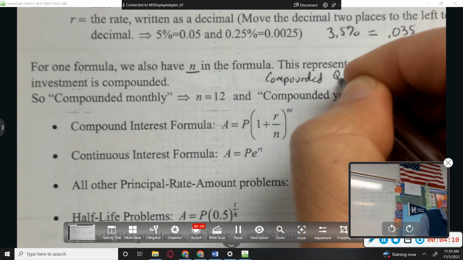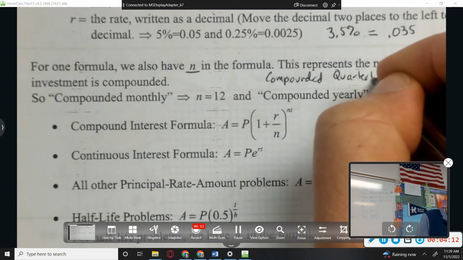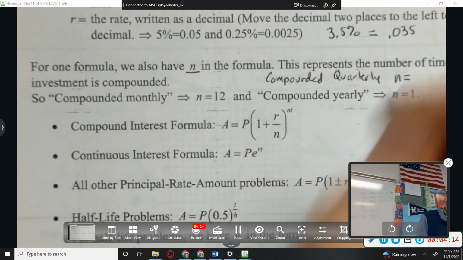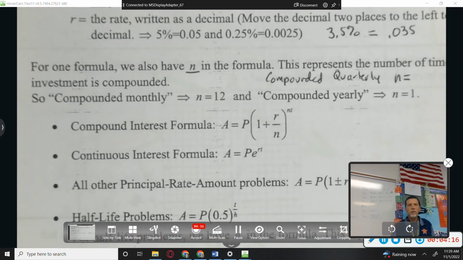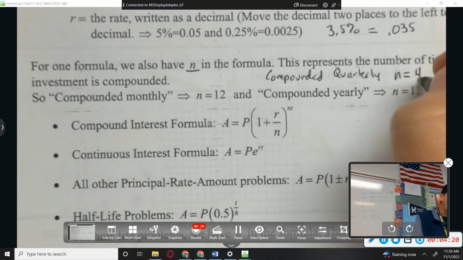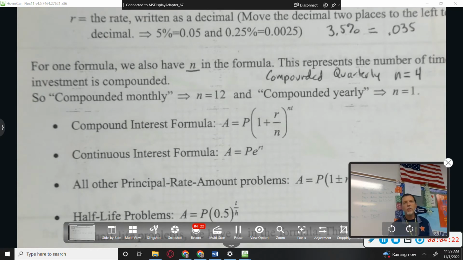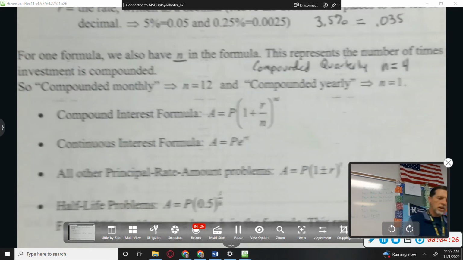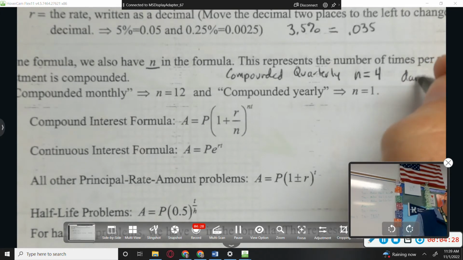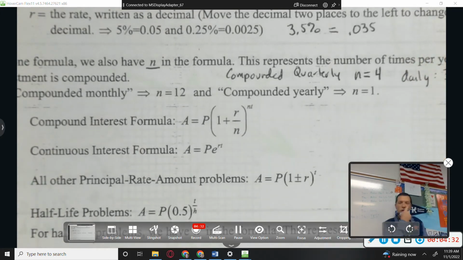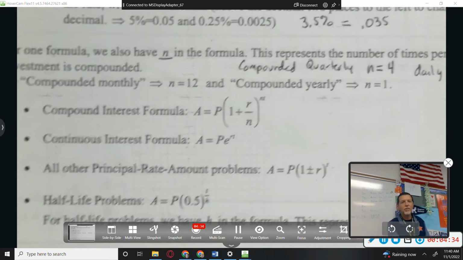Compounded quarterly, how many quarters are there in a year? 4, because there's 4 quarters in $1 and 4 quarters in a football game, and 4 quarters in a year. What about daily? 365. 365 and a fourth if you want to be technically accurate.